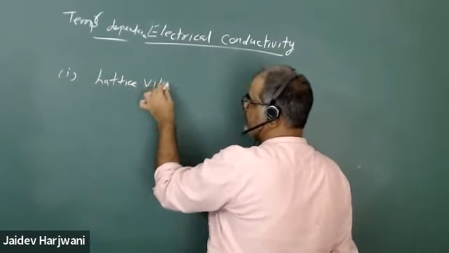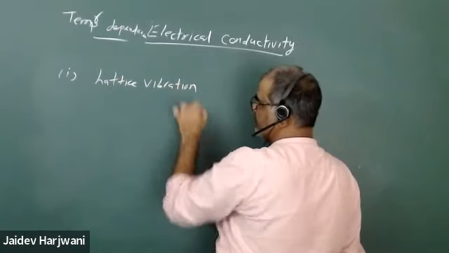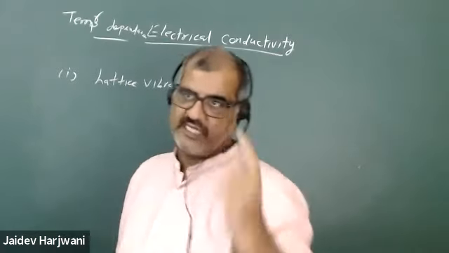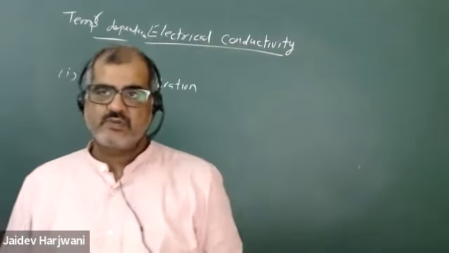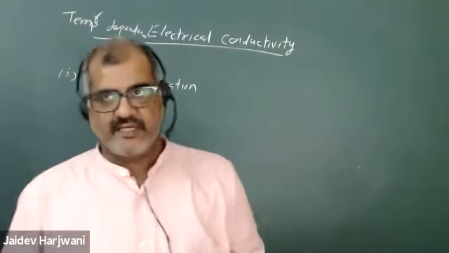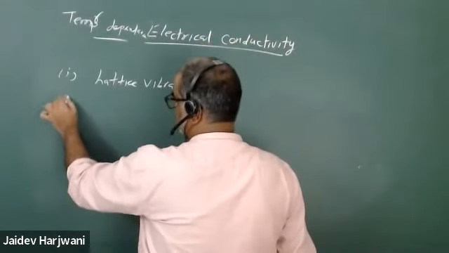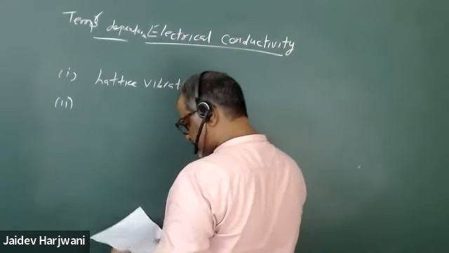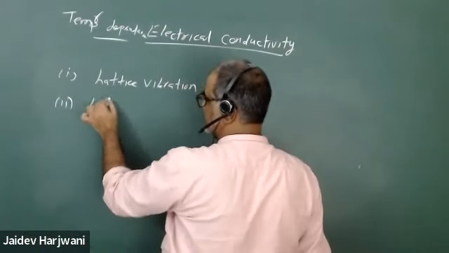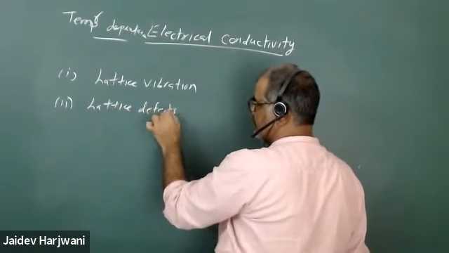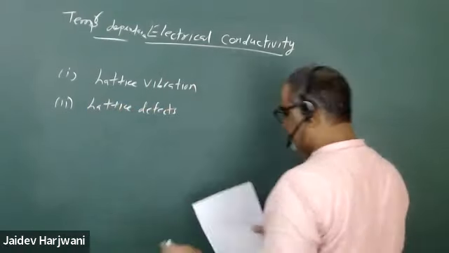Electric conductivity, or resistivity, is affected by scattering. The main sources of scattering in metals or solids are, one, lattice vibration, and second, lattice defects.